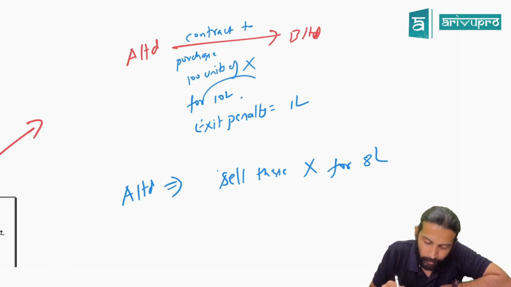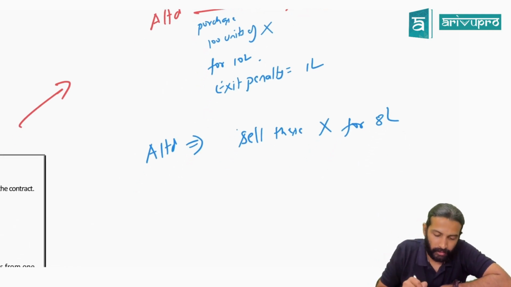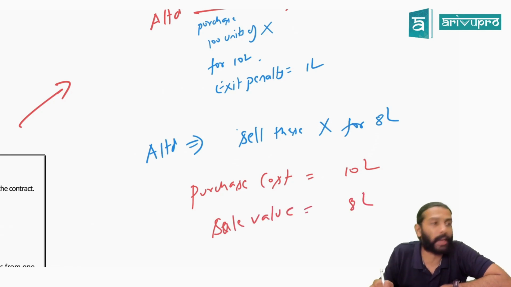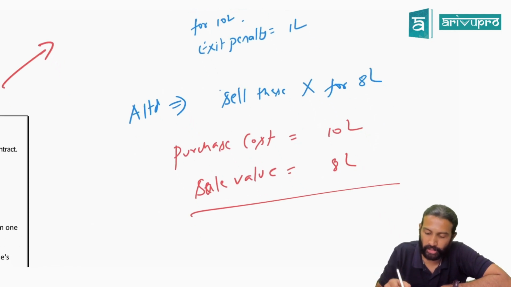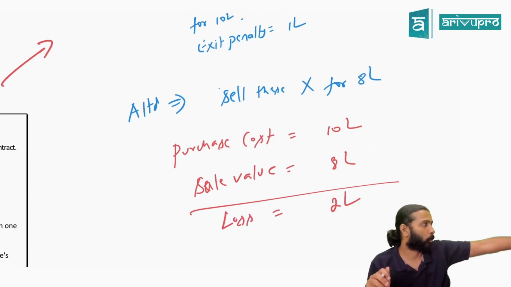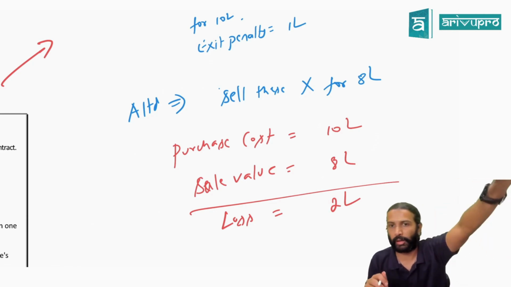What is your purchase cost? 10 lakh rupees. But what will be your sale value? Sale value expected is only 8 lakh rupees. That means, will you make any profit out of this contract or will you make a loss? How much loss? 2 lakh rupees you'll make a loss if you go ahead and execute this contract.